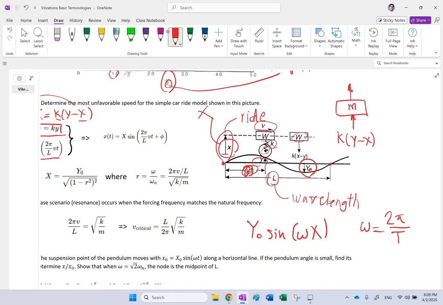So this function, and yeah, here that x can throw you off, because the vertical motion is called x. So let me call this direction something else. Let me call it r. Okay, so it is sine of omega times r. And this r is of type meter, it is the distance.